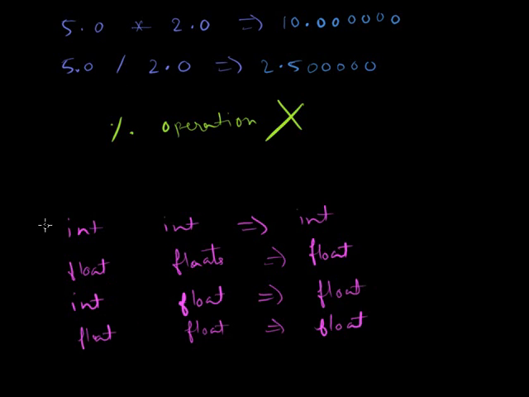If you look at this table carefully, you'll notice that if any one of the operands in the expression is a float, you get a float. For an integer result, the expression must contain both operands as integers, so that will yield an integer, otherwise it will yield a float. That is to be confirmed.